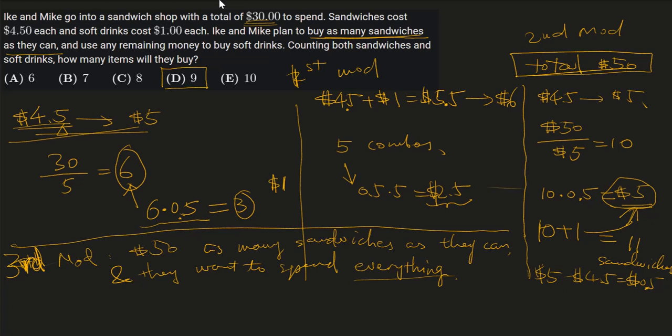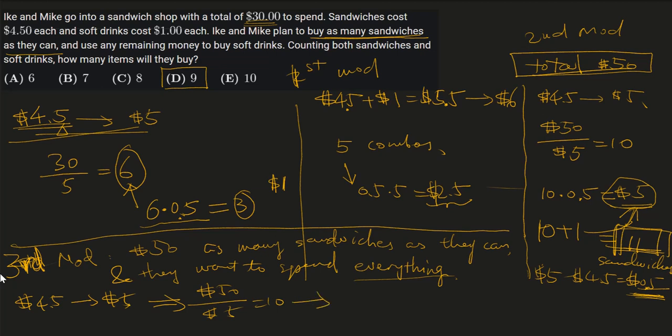In that scenario, we know that this setup, this 11 sandwiches here, that's not what we want. That is because we have 50 cents left over, right? What we really want to do is we want to stop at the 10 sandwiches. When we round this $4.5 to $5 a sandwich, so as to make the calculation easier, this implies 50 divided by 5, we have 10 sandwiches, right?